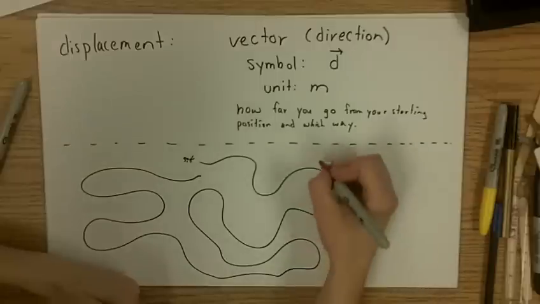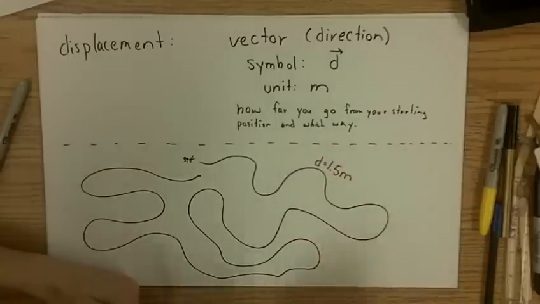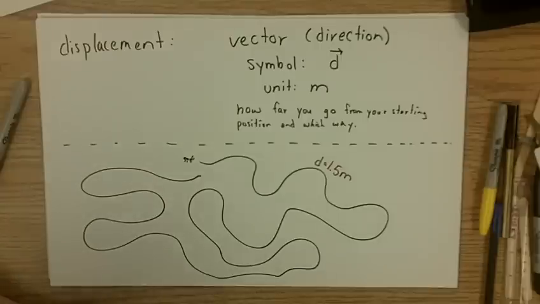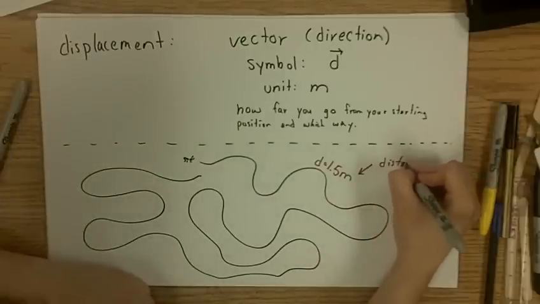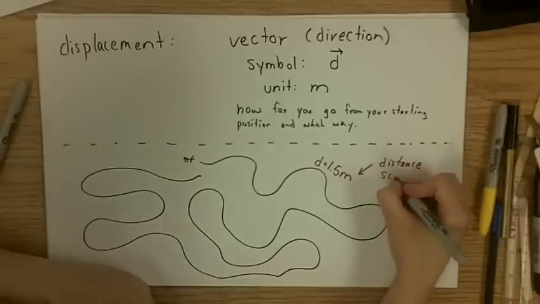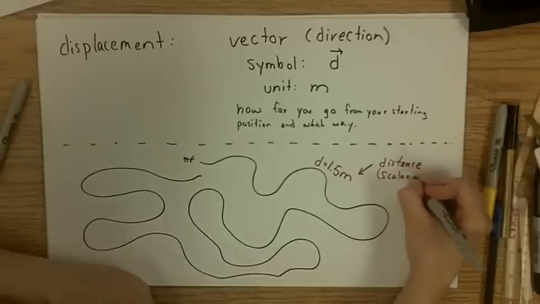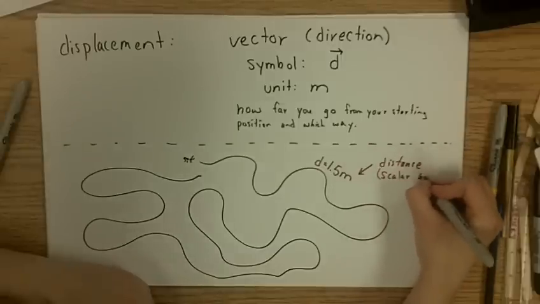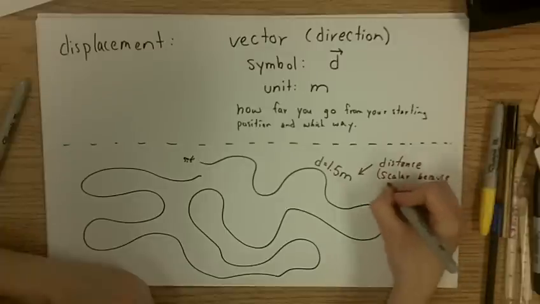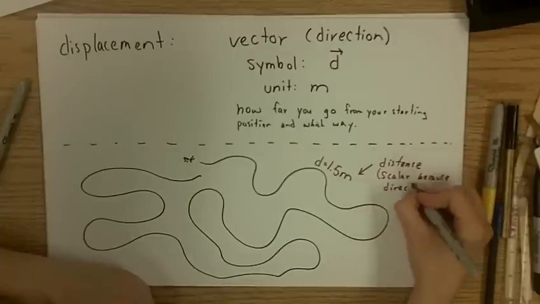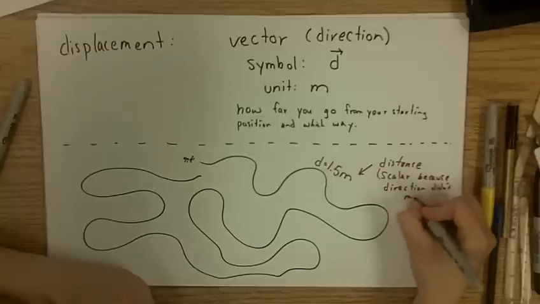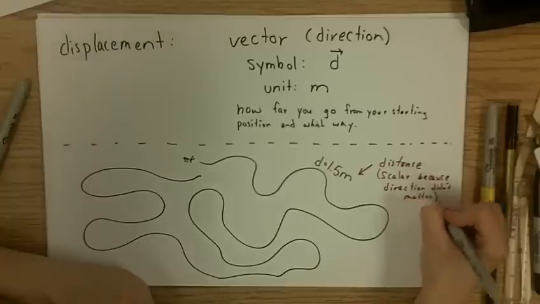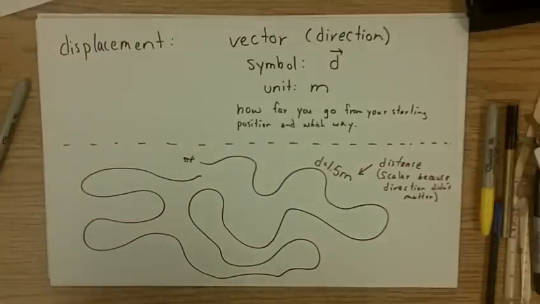It's quite a distance for an ant. We'd call this the distance that it traveled in total. This is distance. It is a scalar because direction didn't factor into what we were doing. The ant traveled all kinds of different directions, but in total it traveled 1.5 meters.